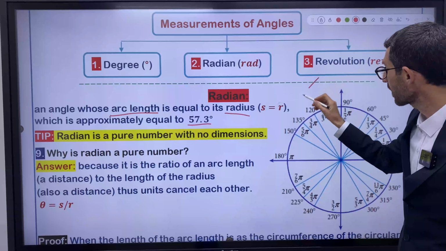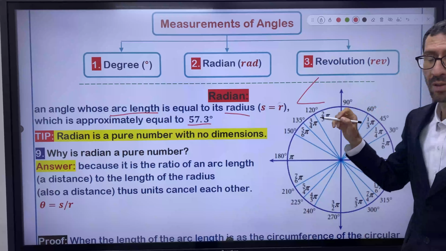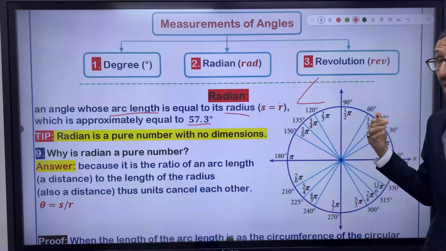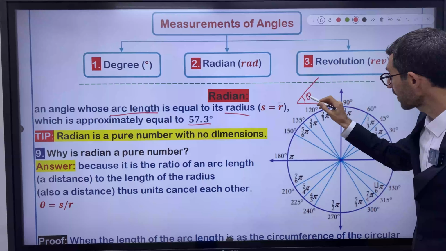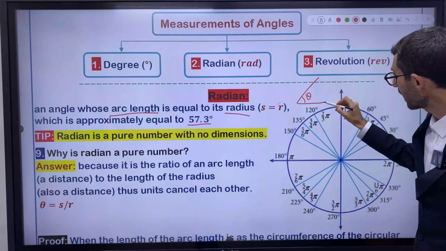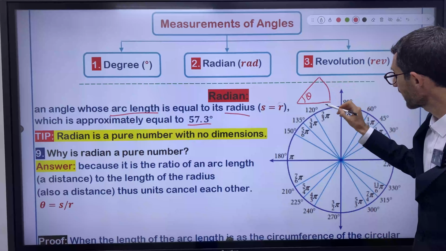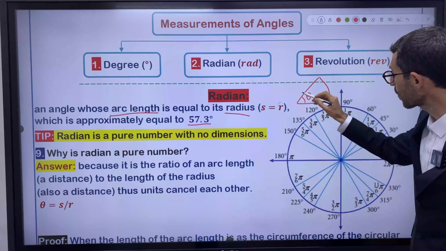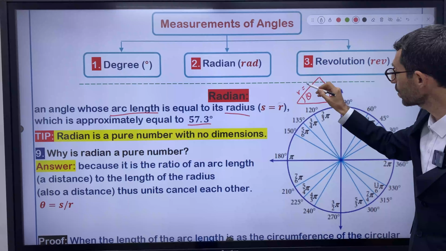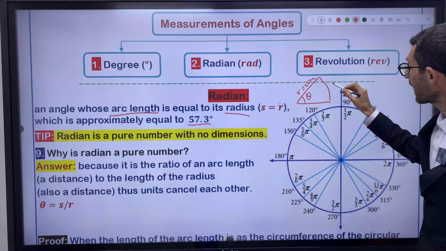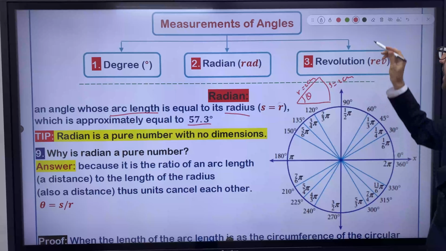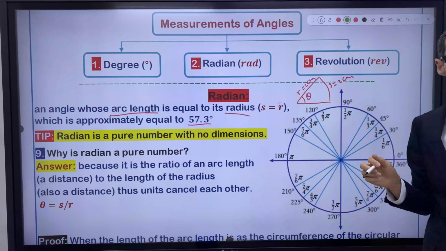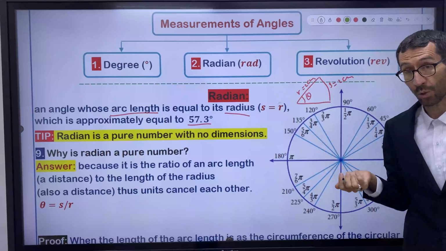Let me draw an angle, and I want you to determine whether it's 1 radian or not. So this is theta. This is R. I say R is equal to 2 centimeter, and S is equal to 2 centimeter. I want you to determine whether the angle is 1 radian or not.